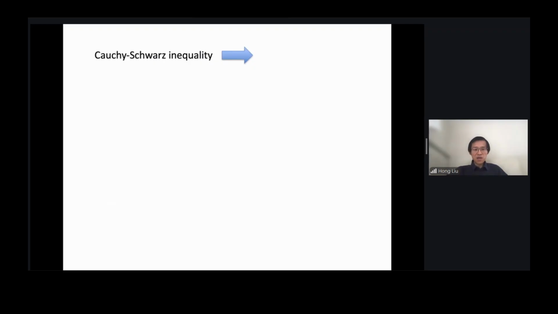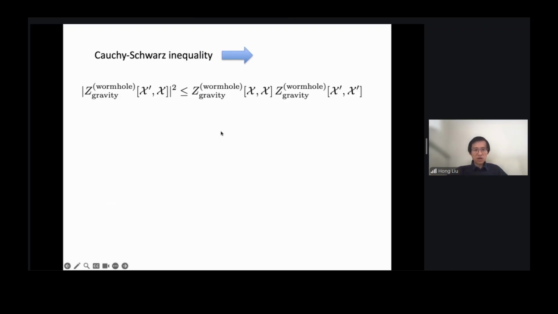And now you can immediately see, and this will lead to some inequalities. So this wormhole amplitude corresponding to the transition from X, the overlap between X and X prime, and this wormhole amplitude corresponding to X with X, and this corresponding to X prime with X prime. This is just the standard Cauchy-Schwarz relation. And so we see this thinking is very powerful.